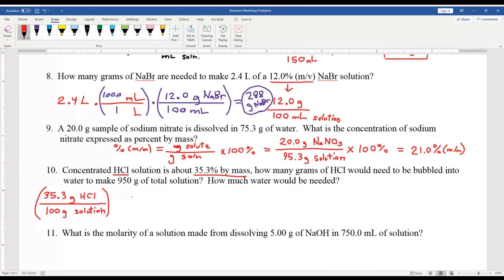So I'll take my 950 grams of solution, and then use my conversion factor to convert to HCl.